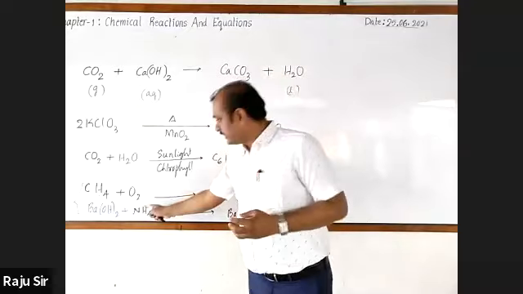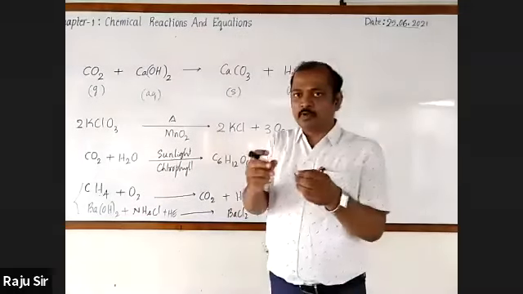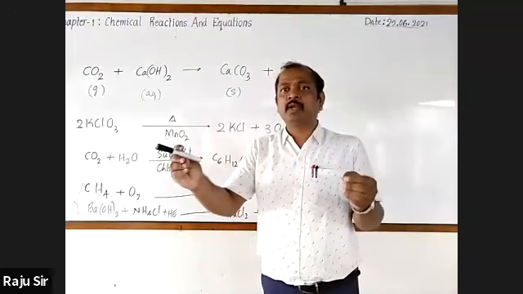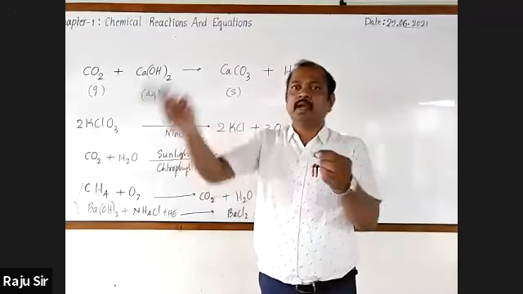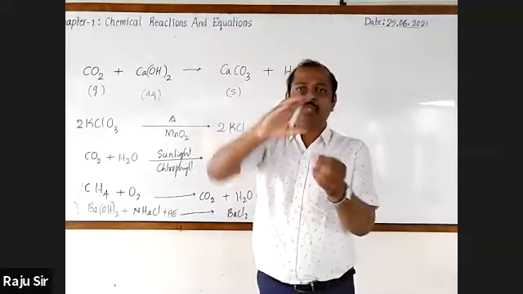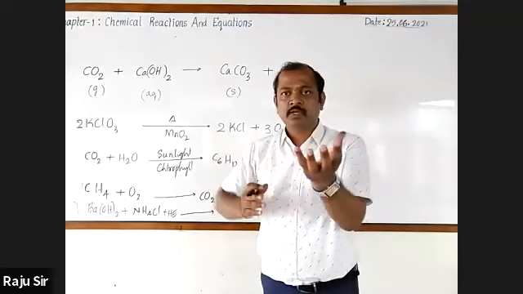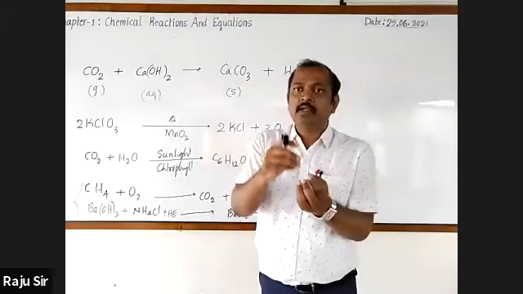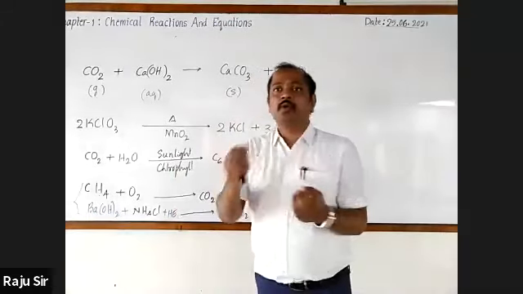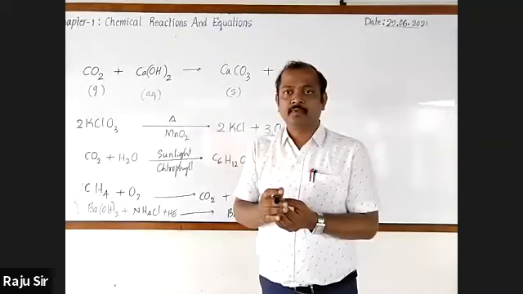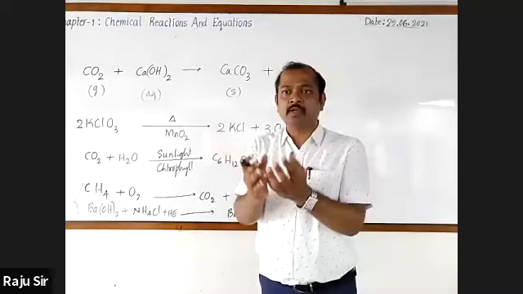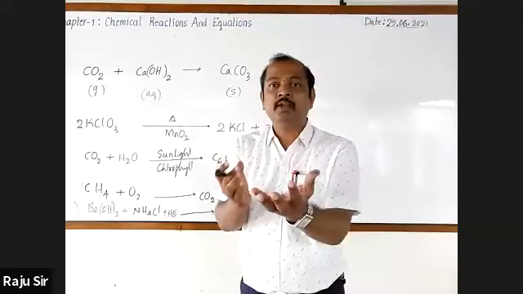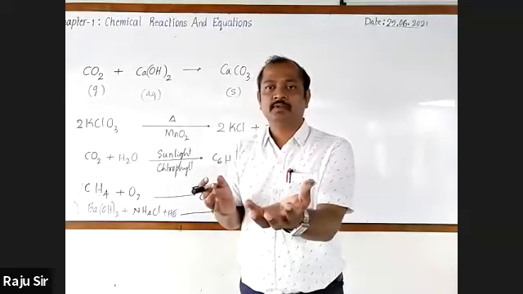Now, in this case, the last chemical reaction, suppose you take barium hydroxide and ammonium chloride in two different beakers, and you pour one into the other. Just touch the beaker, it will be at normal temperature only. And when these two undergo chemical reaction, now you touch the bottom of the beaker, you feel very cold.